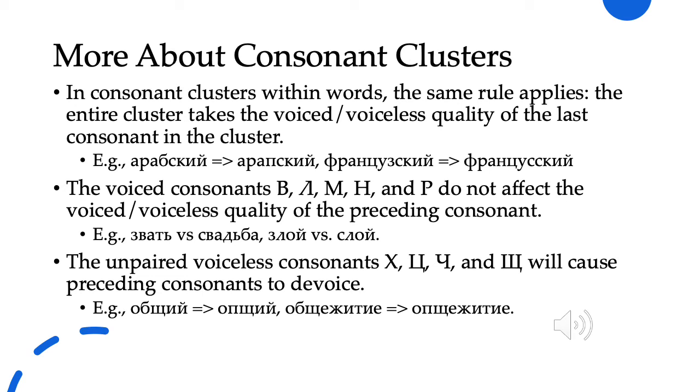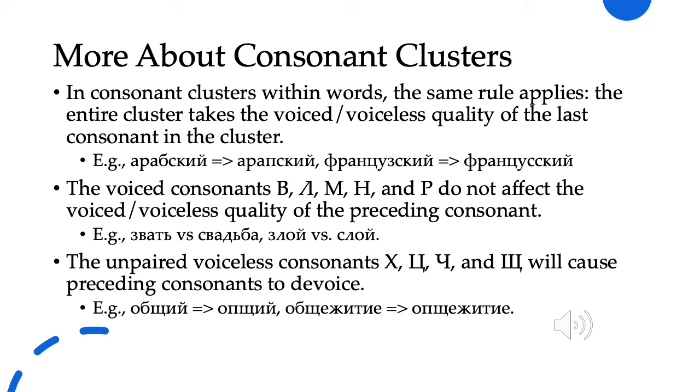And then there are some consonants that don't follow these rules, or don't quite follow these rules. So the voiced consonants v, l, m, n, and r do not affect the voiced or voiceless quality of the preceding consonant. So all of the unpaired voiced consonants, that's L, M, N, and R, plus the paired voiced consonant V, also falls into this category.